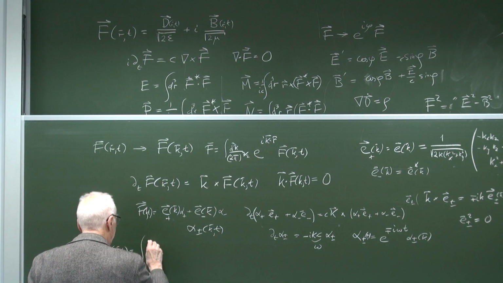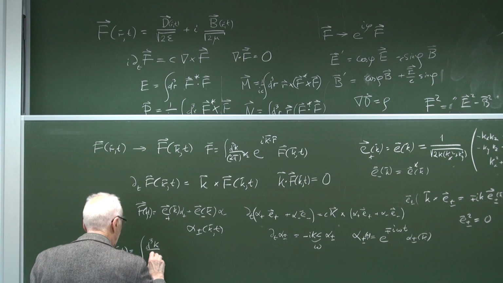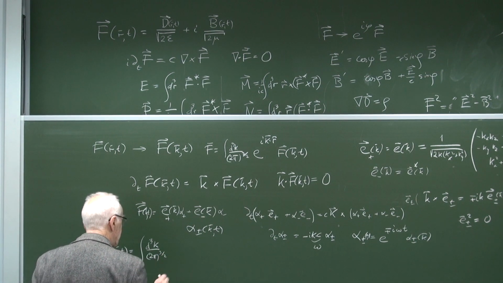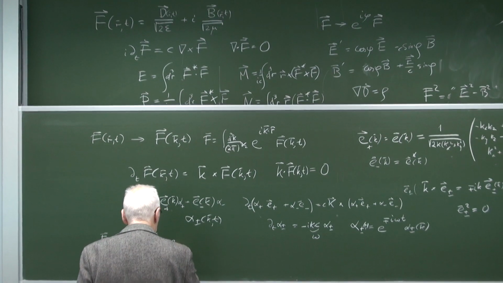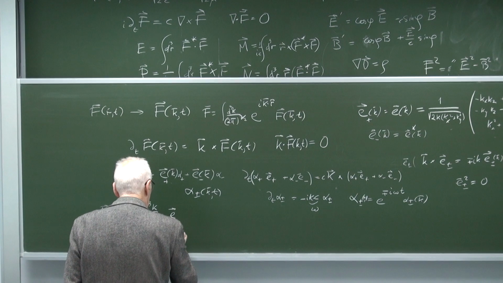Namely, we have d3k over 2 pi to the power of 3/2. And now I will write something which at first you will find hard to believe.